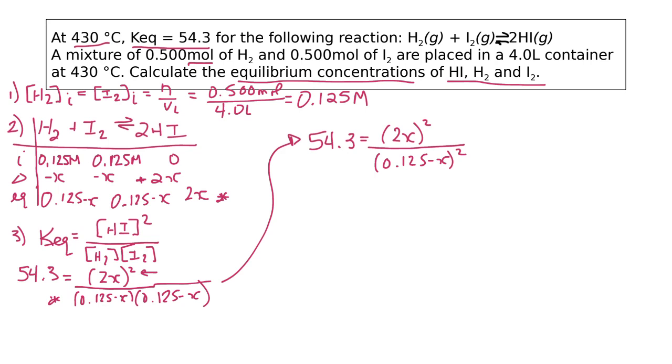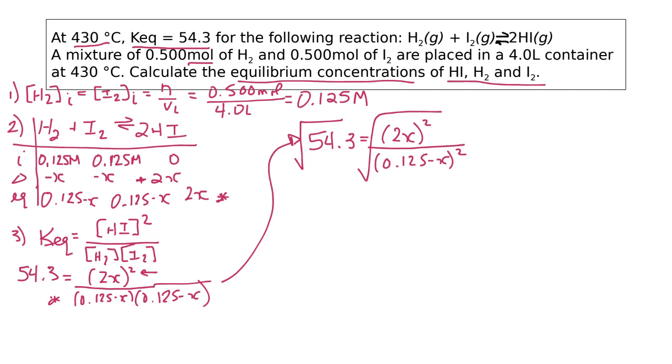And when I do that, now I can take the square root of both sides. So let's do that. We're going to take the square root of the KEQ, and the square root of my product and reactant side.